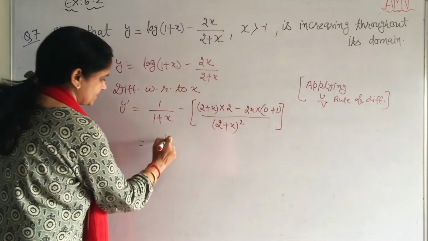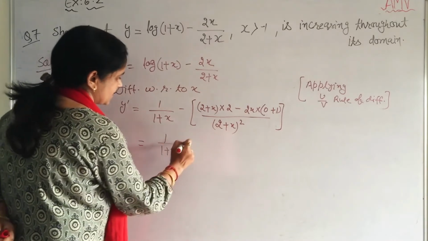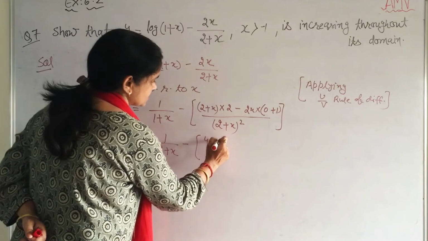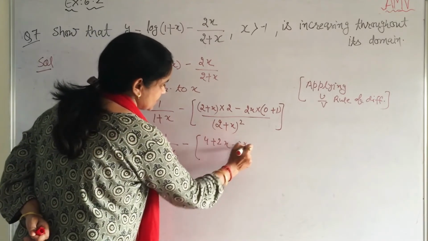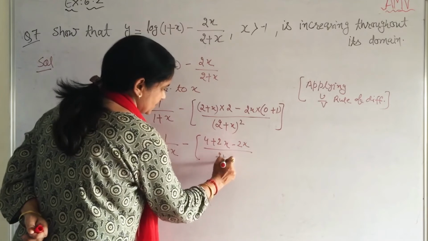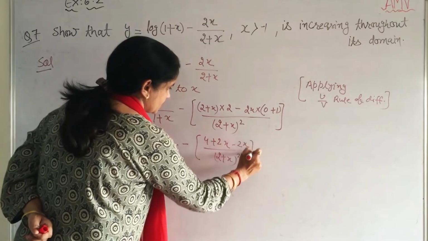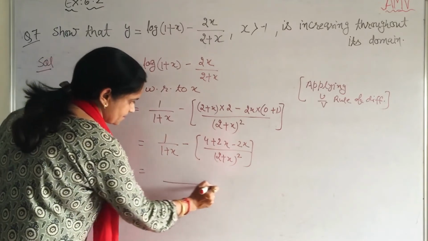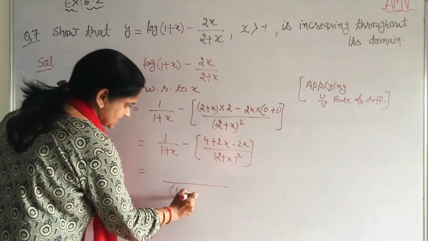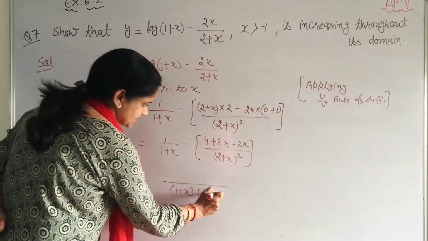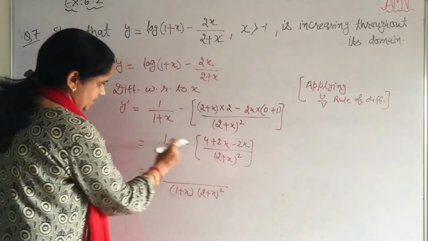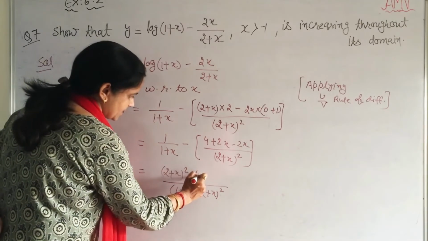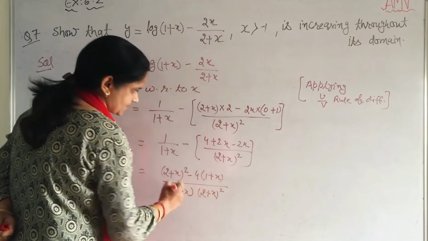Now simplify. It is 1 by 1 plus x minus, here it is 4 plus 2x minus 2x, over 2 plus x whole square. Okay students, 2x will cancel, and now take the LCM. It is 1 plus x and 2 plus x whole square. Here it is 2 plus x whole square minus 4 times 1 plus x.